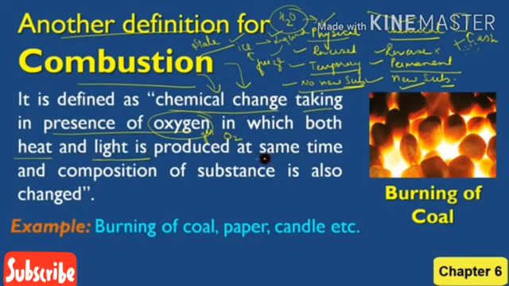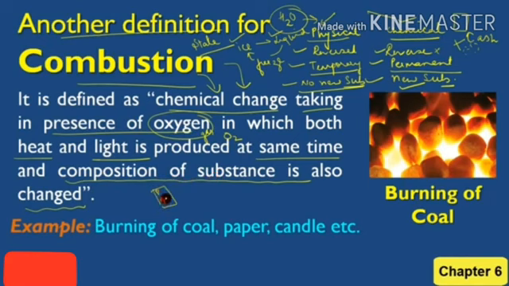Both heat and light are produced, and the composition of substance is also changed. That means something new is formed. Like we burn a piece of paper and it gets converted to ash. So it is a chemical change. This change can't be reversed.